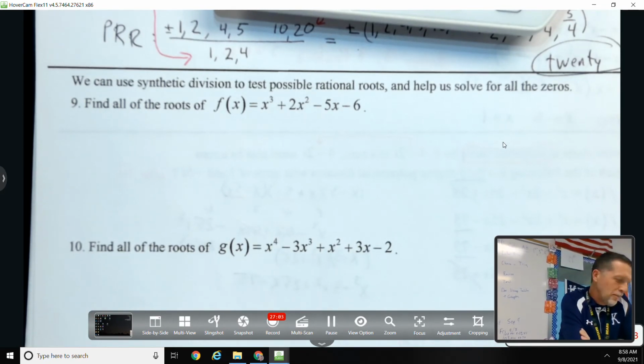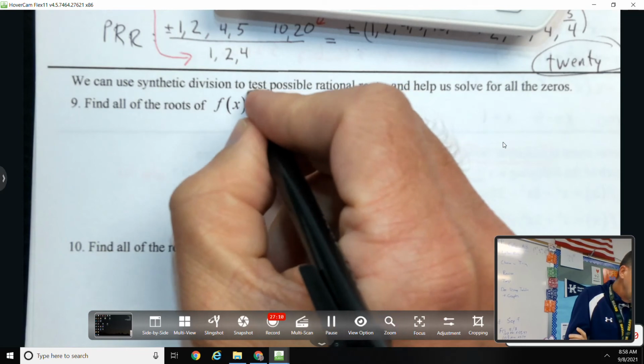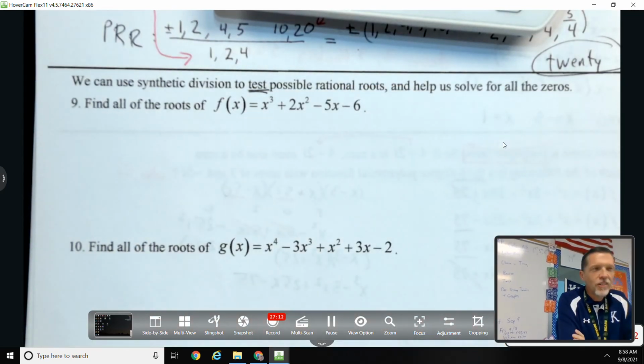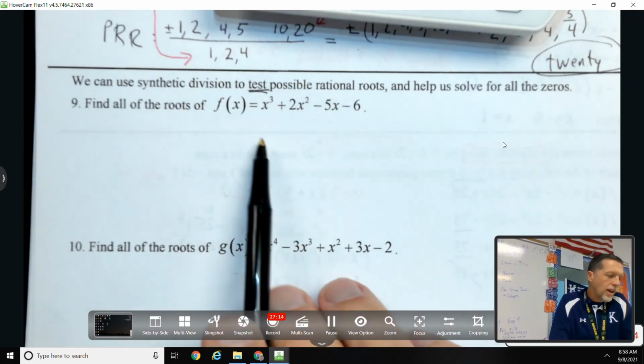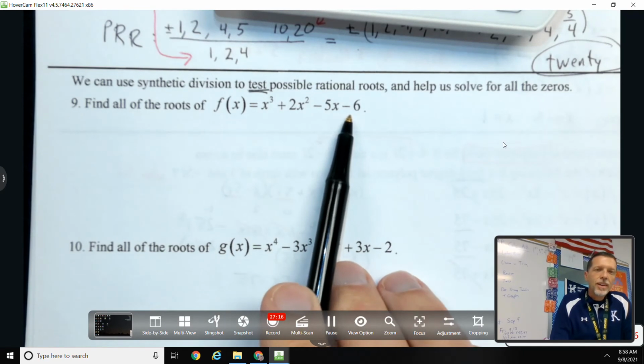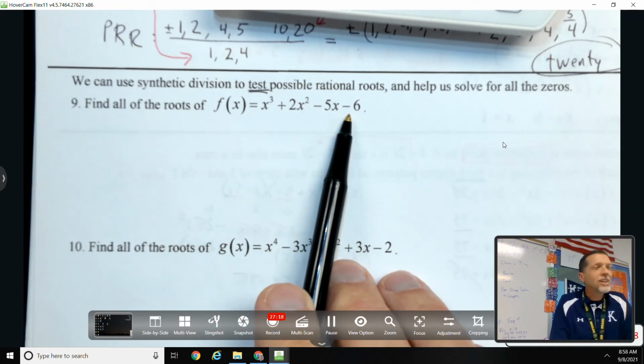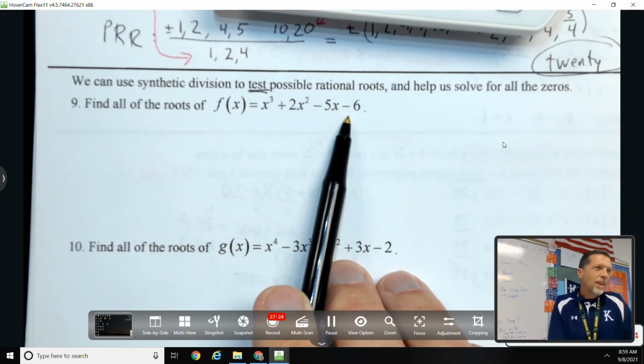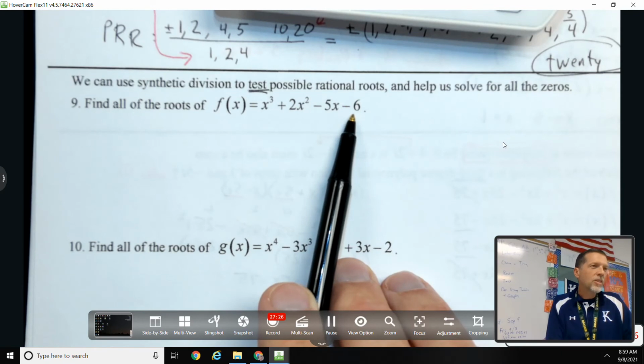Anyway, we can use synthetic division to test possible rational roots and help us solve for the zeros. So I can't factor that. I could put it in the calculator and look at the graph to find the roots. But in the time before calculators, we couldn't do that. And it's like, well, how do I know what works and what doesn't?